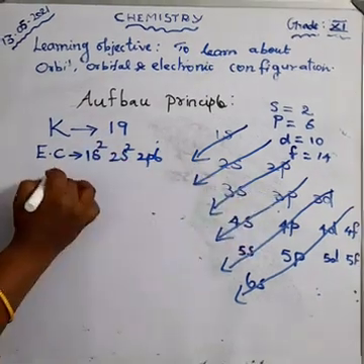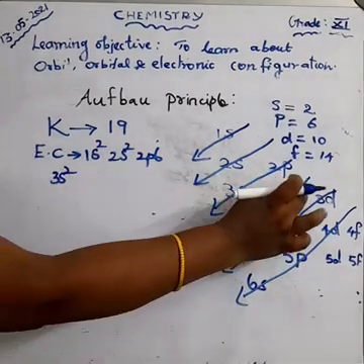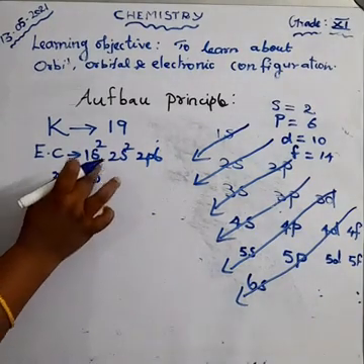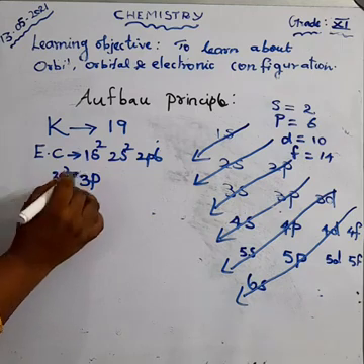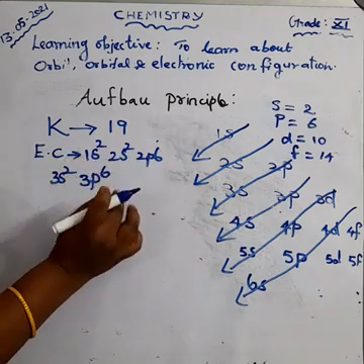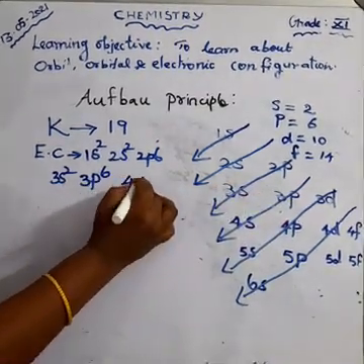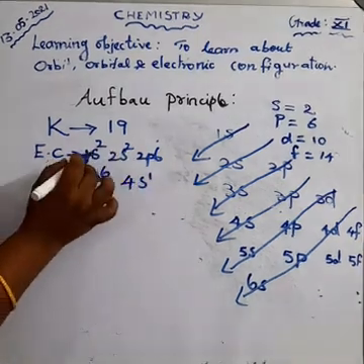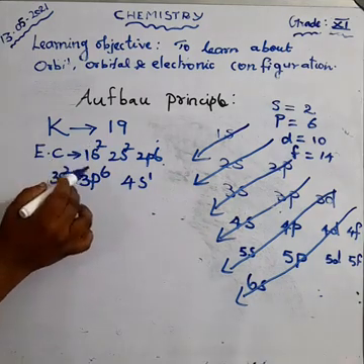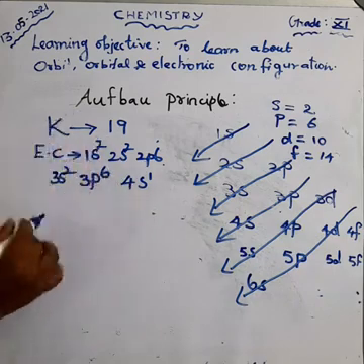We can write 3s2, and then 3p6, and the remaining 1 electron 4s1. So totally how many electrons here? 2 plus 2 is 4, 4 plus 6 is 10, 10 plus 2 is 12, 12 plus 6 is 18, 18 plus 1 is 19 electrons.